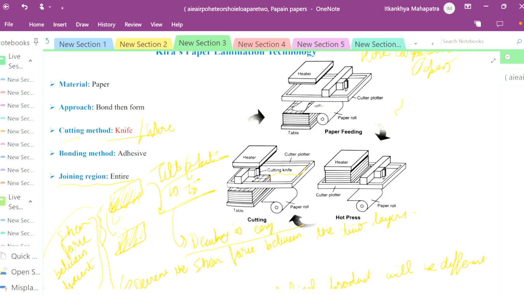You are seeing here the heater. So we are using heated plates so that there is no curling, and the accuracy of the final product is better as compared to the first process.